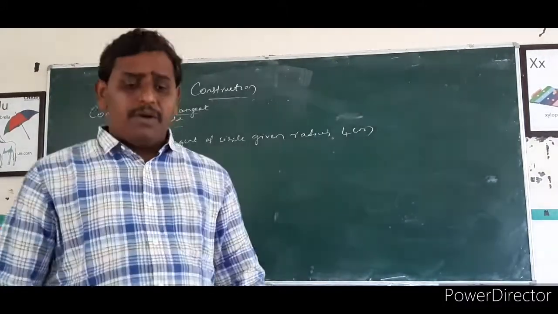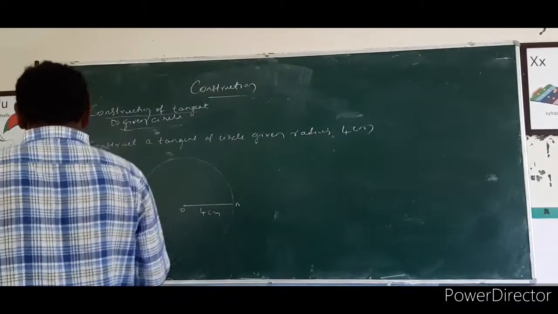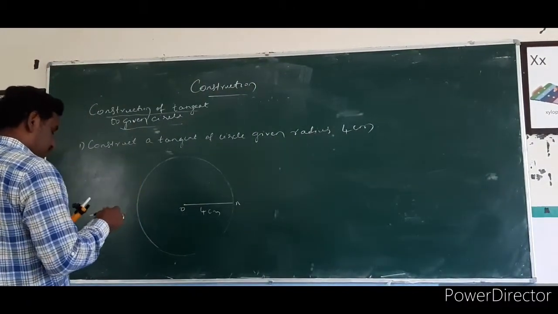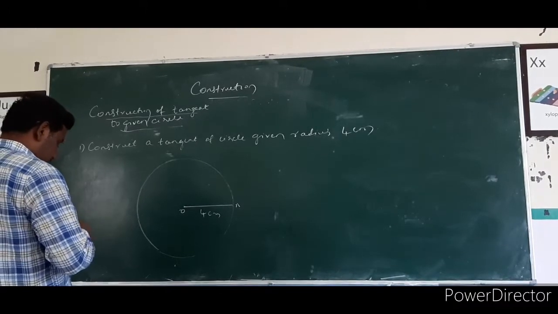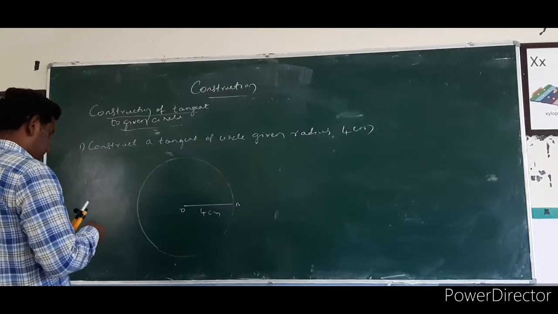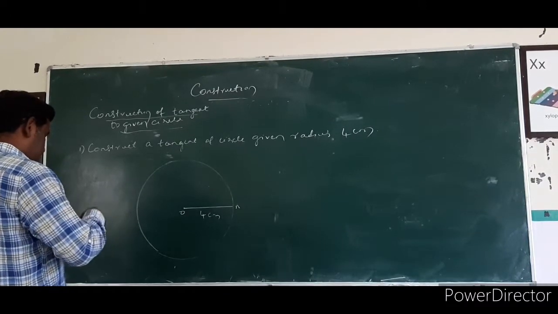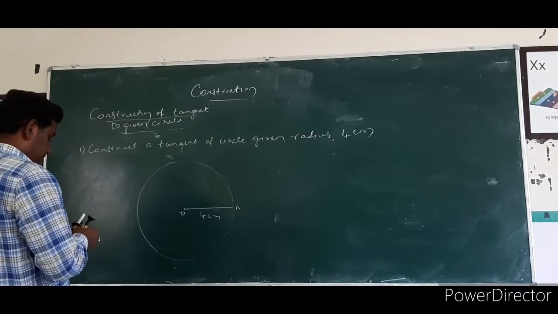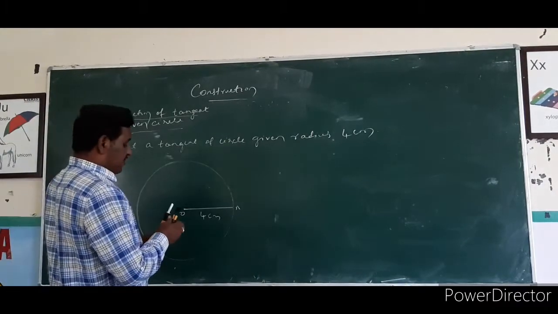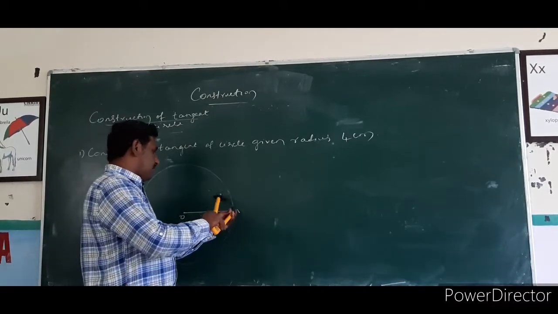So we want to draw a tangent. Tangent at a point means, here the tangent we want to draw, this I am showing here.